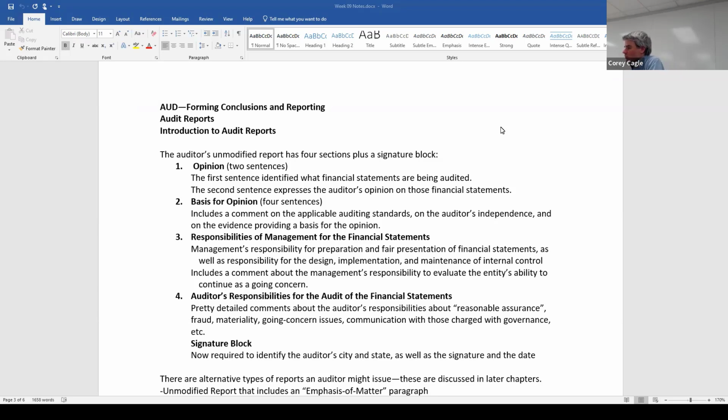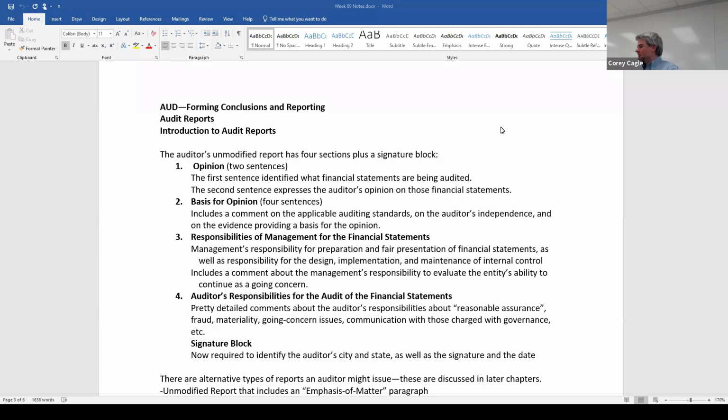We evaluate the appropriateness of accounting policies used and the reasonableness of significant accounting estimates made by management, as well as evaluate the overall presentation of the financial statements. And then finally, we conclude whether in our judgment there are conditions or events that raise substantial doubt about the ability to continue as a going concern.